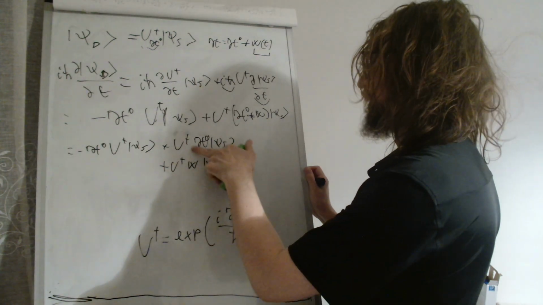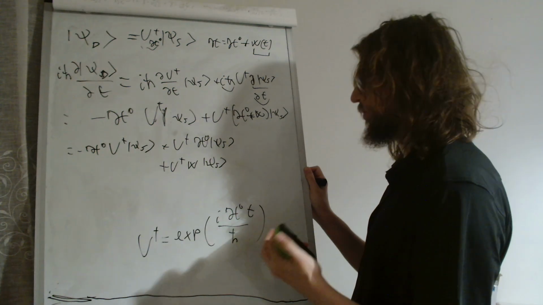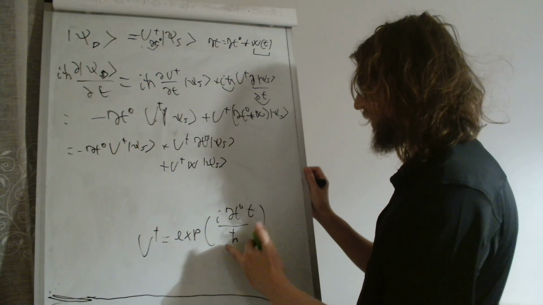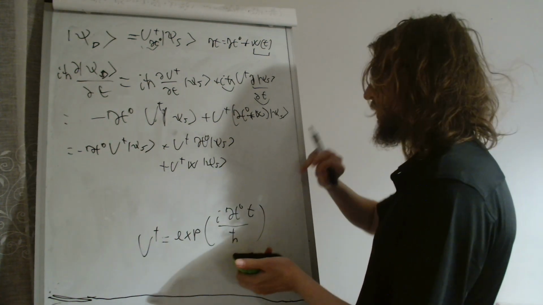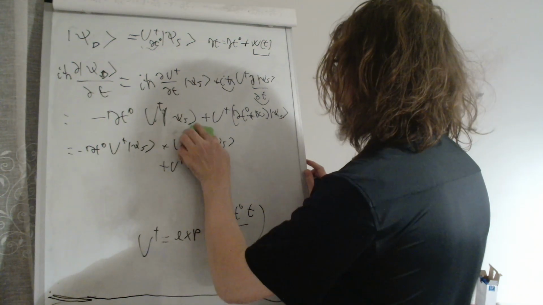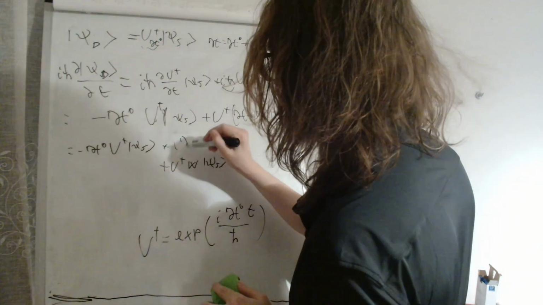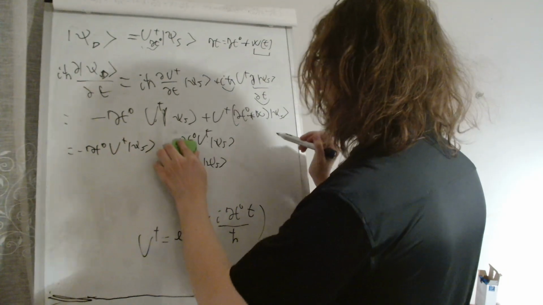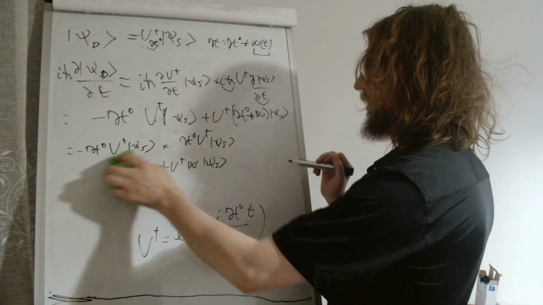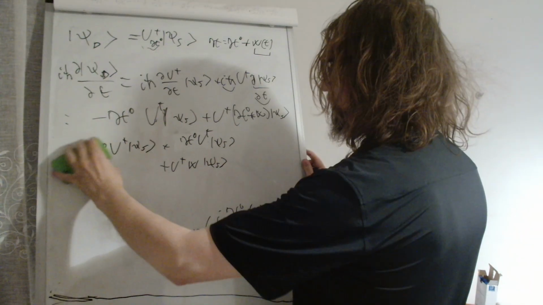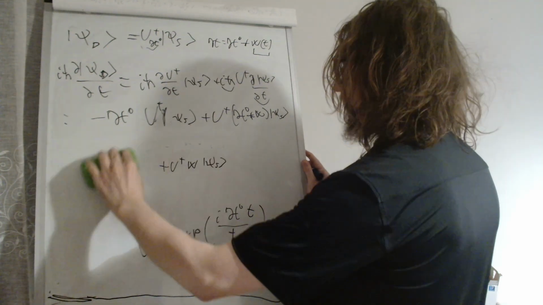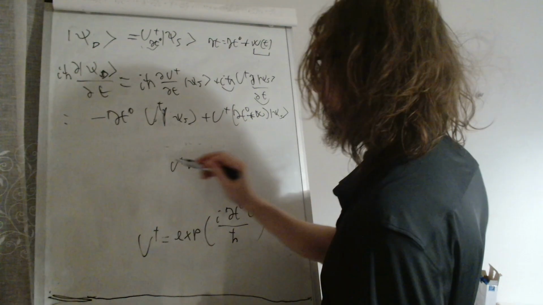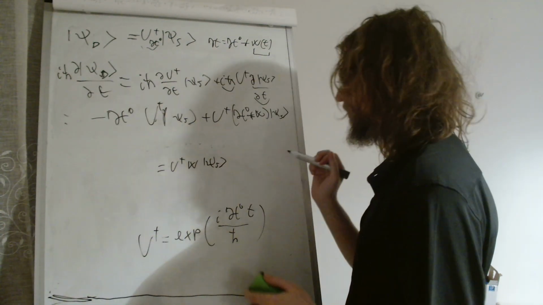Now U dagger and H0 commute, because in U dagger we only have H0 in the exponential, so we can write this as H0 U dagger, and these two terms now cancel out, so we are left with U dagger W psi_S.